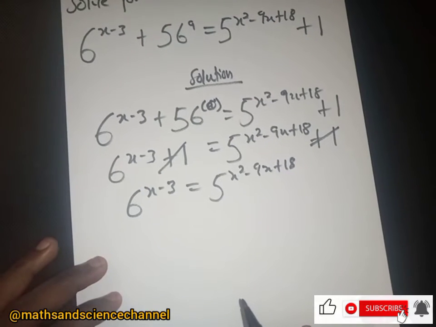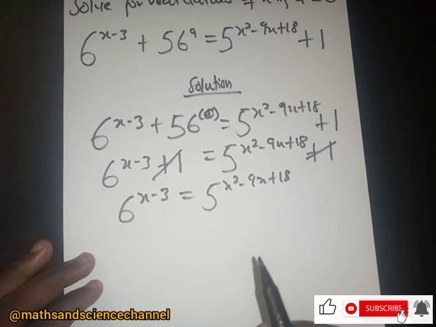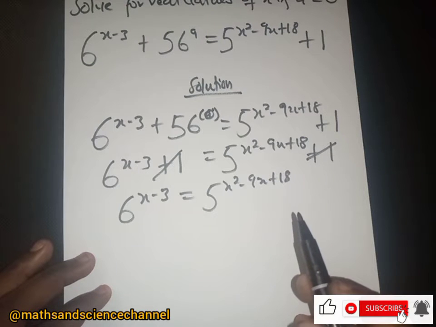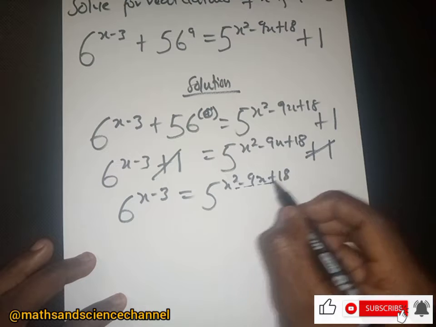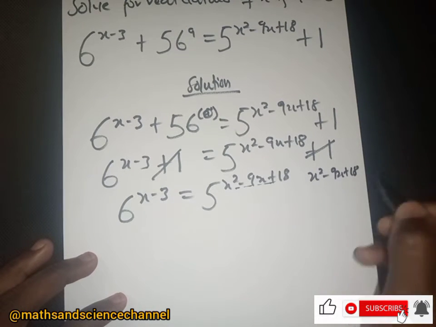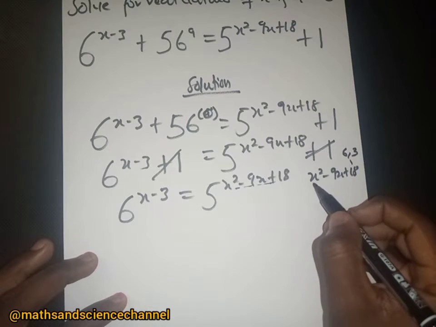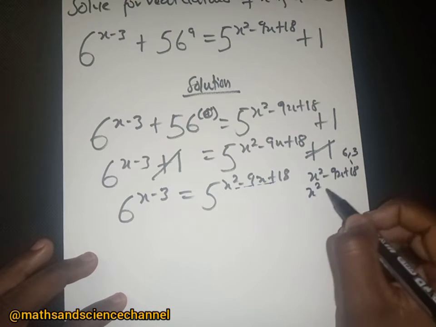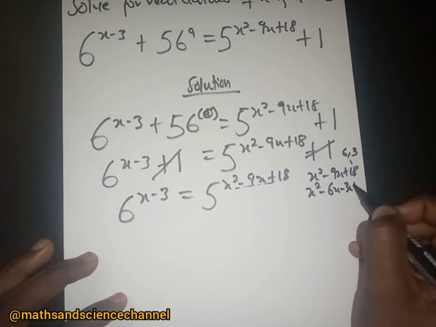Now what can we do here? The question says we should find the real values of x, right? If you look at this exponent here, we have x squared minus 9x plus 18. Expanding this, we can get 6 and also 3, so we have x squared minus 6x minus 3x plus 18.